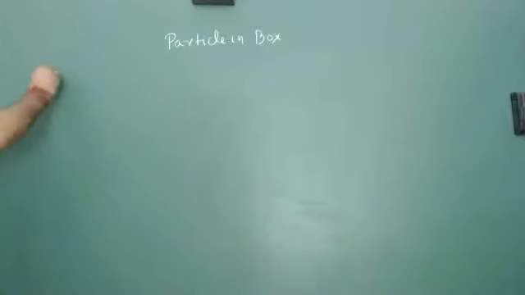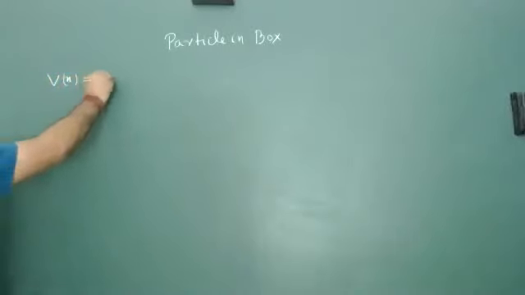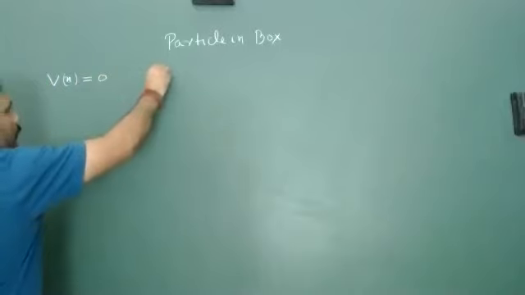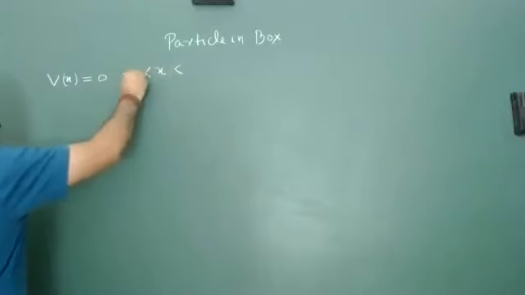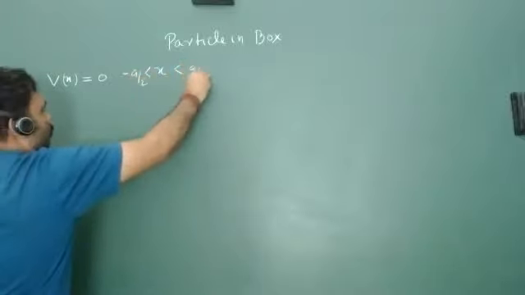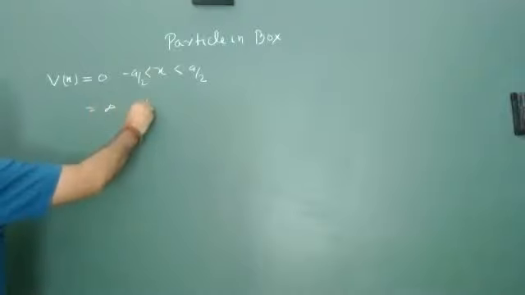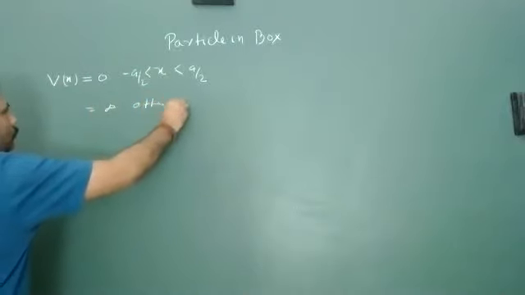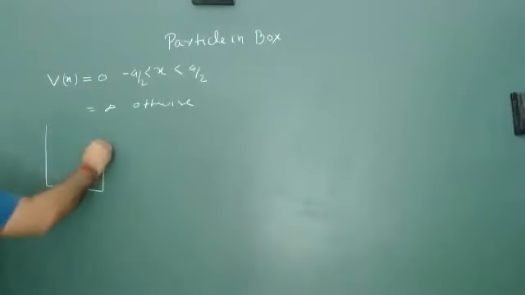Right now, my potential V(x) is written as 0, where x is between minus a by 2 to plus a by 2, and infinite otherwise. This is our infinite potential. The width is the same, but we have shifted the coordinate.